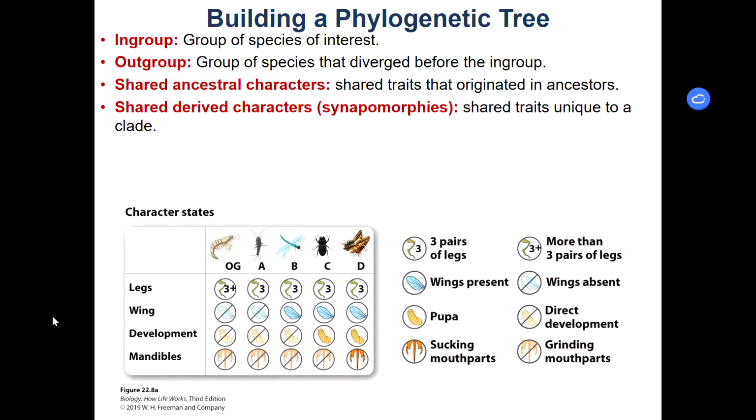If we look at wings, wings didn't develop until, for only these 3, so A does not have wings. The way that they develop is different for C and D compared to the other ones, and then mandibles, these chomping, piercing, crushing mouth parts are different for our butterflies. And so we have this character matrix, we can see changes in characters that occur over time. We can then use this to build a phylogenetic tree.